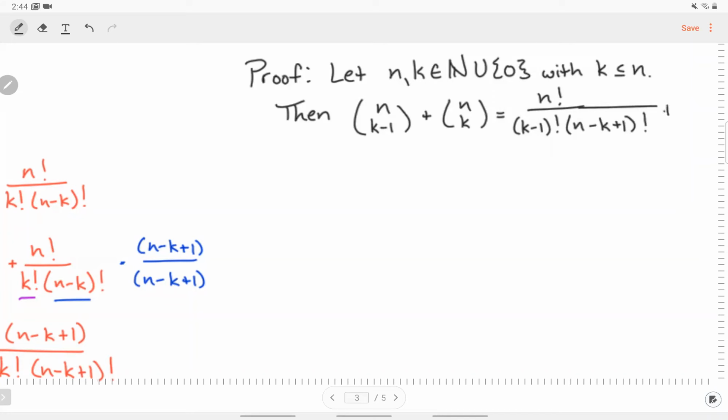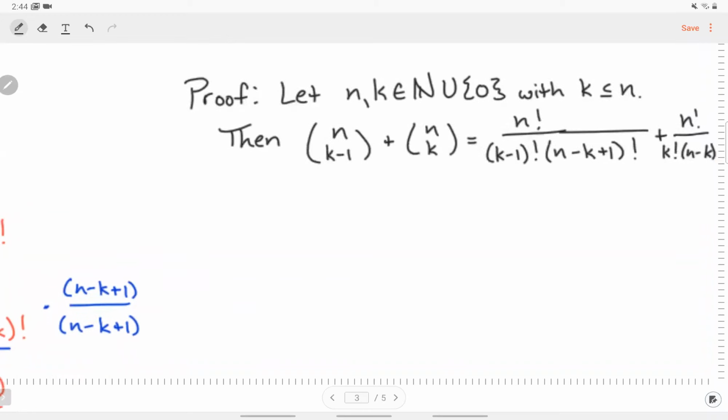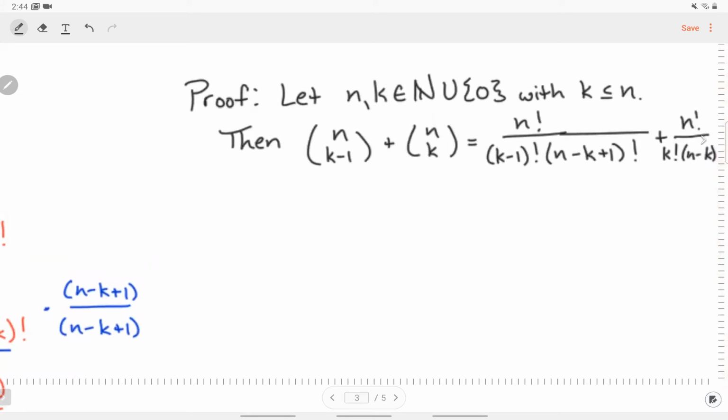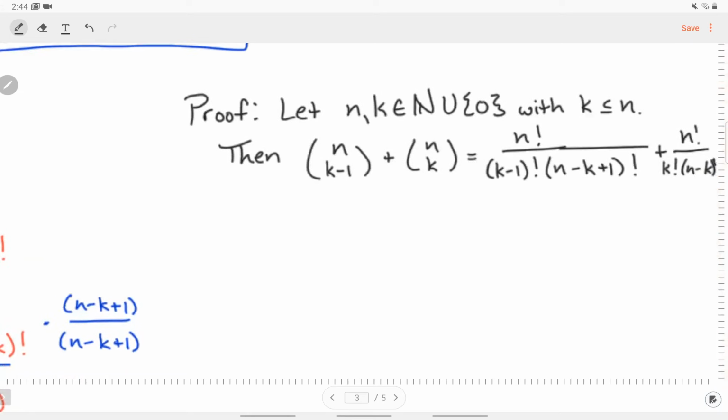Oh, running out of room. Plus n factorial over k factorial times n minus k factorial. Well, there's a factorial there.